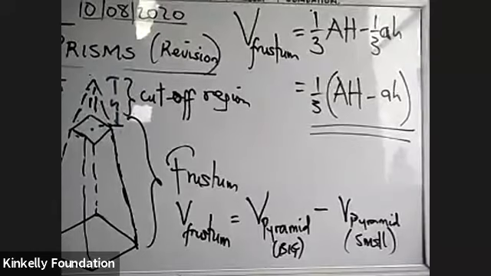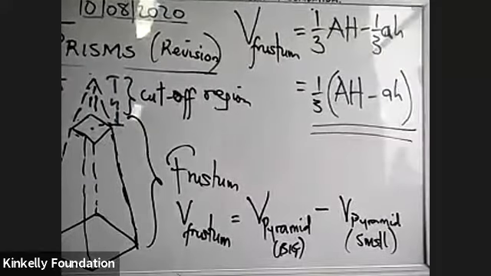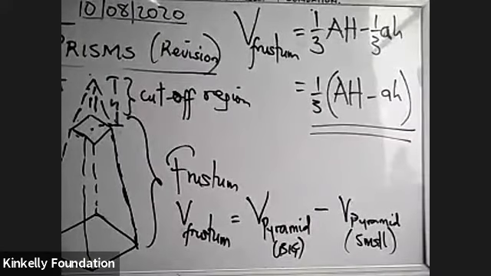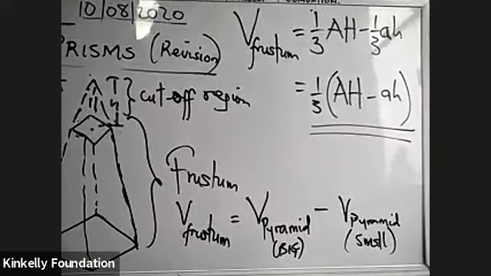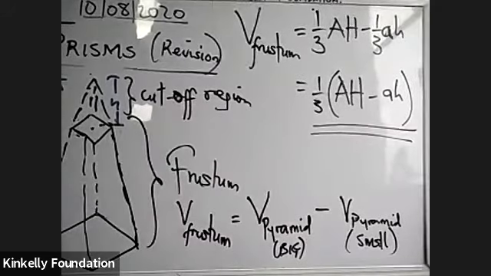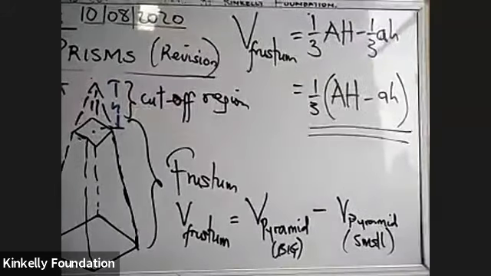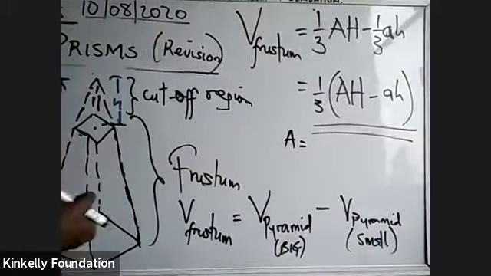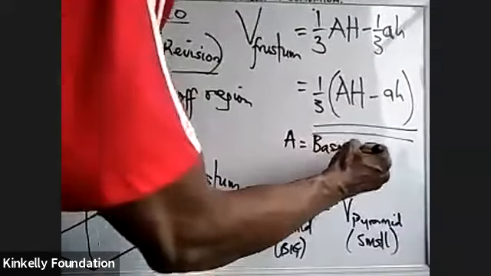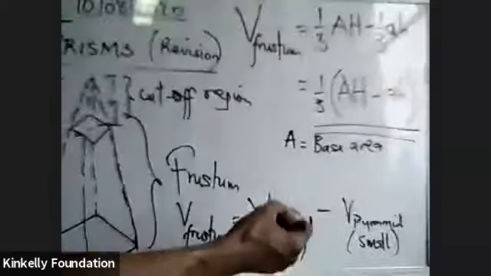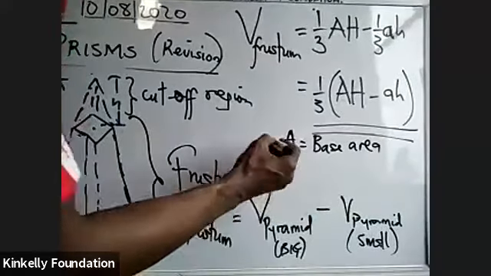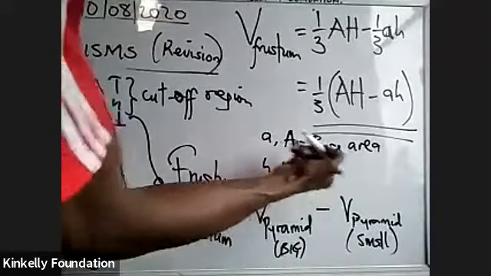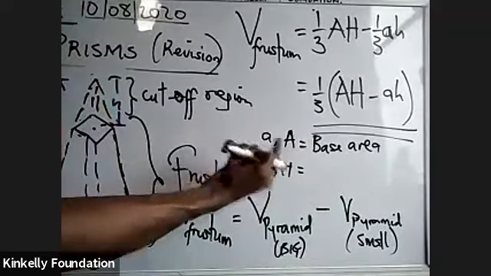Now, let us look into a specific frustum which we have been dealing with, the frustum of a cone. Here, A is the base area of the bigger one, and small a is the base area of the smaller one.